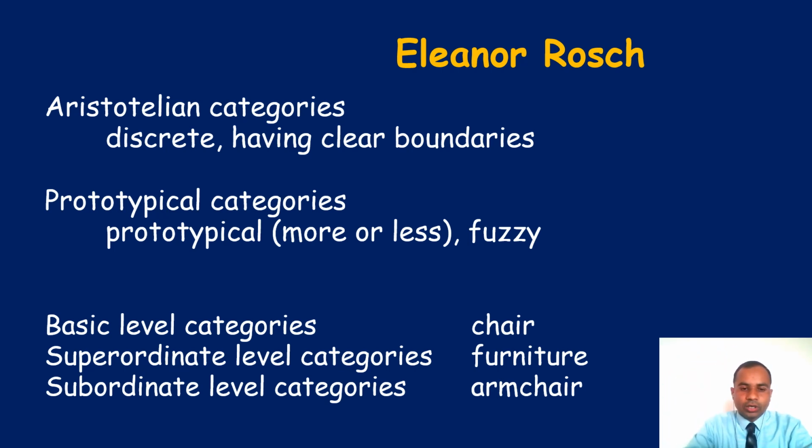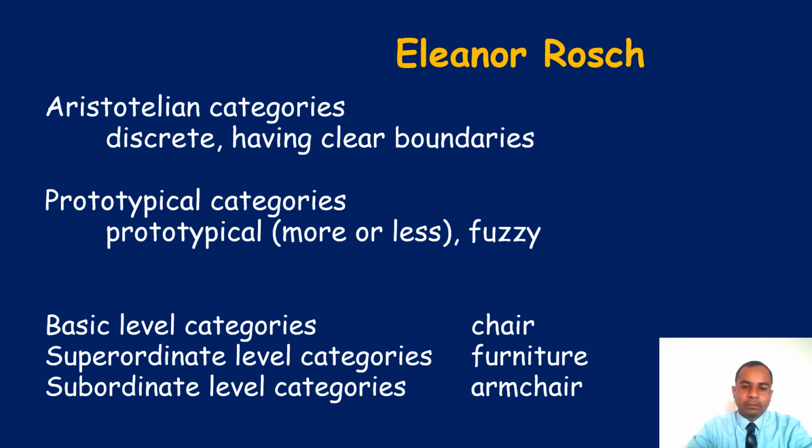These basic level categories are the categories we perceive or cognize with very little effort or cognitive load in our brain. So they are very salient or clear in our attention or our brain system. We see them, or they may even be abstract.